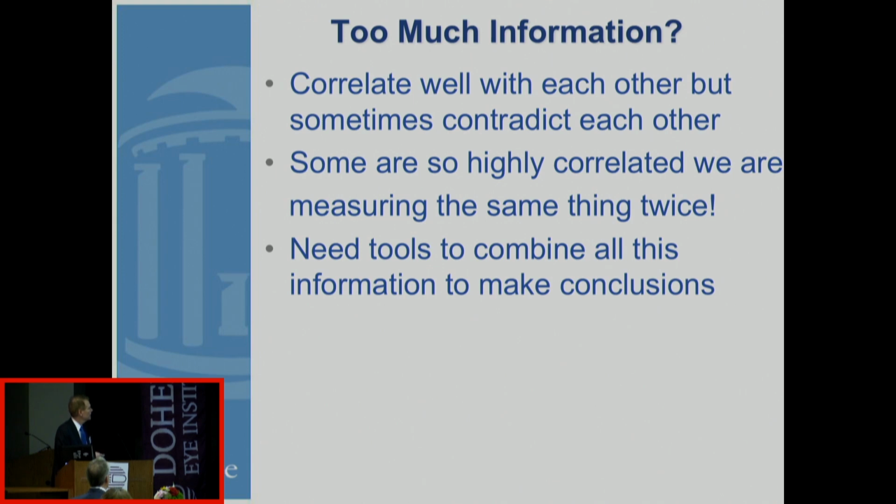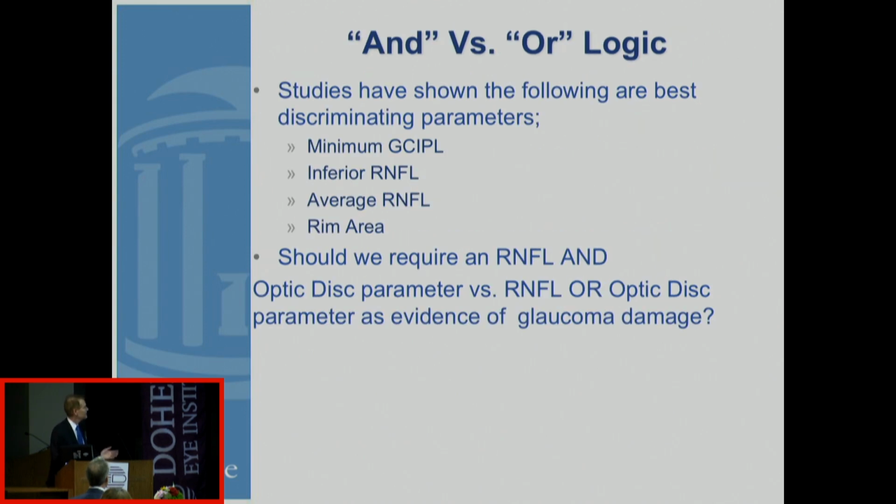And similarly, some of these are so highly correlated with each other, like the inferior retinal nerve fiber layer defect that I showed you and the GCIPL, we're measuring the exact same thing. Those cells are dying, and we're just measuring it twice. So we need statistical tools to combine the information that we're getting now, because our brains are just not big enough to sort this out. At least mine isn't. I know Ted's a lot smarter than me, so he's got this all figured out.